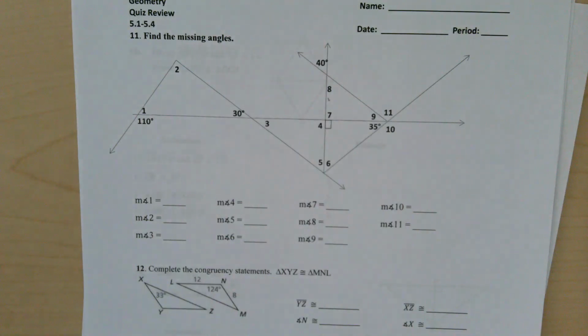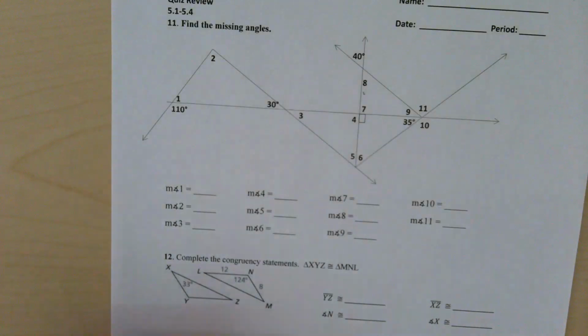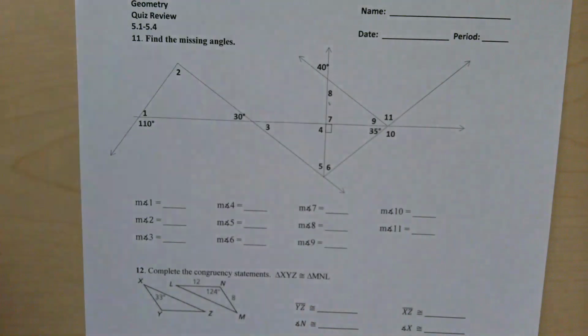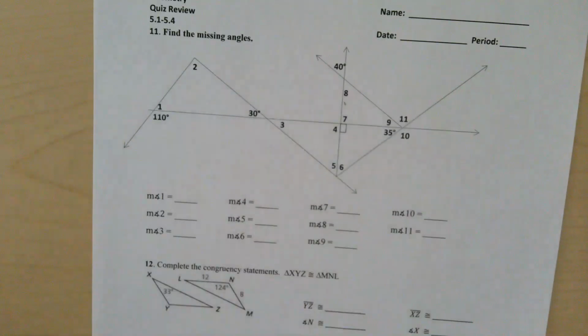Question number 11. This one I like to do. These I'm hoping you're going to see pretty easy. We did a similar problem to this earlier, but you need to use the idea of all three angles of a triangle add up to 180, and also look for linear pairs. So like for number 1 here, we have a linear pair.